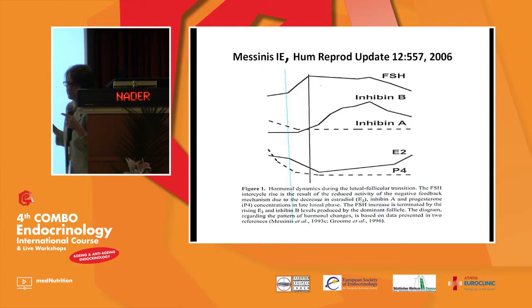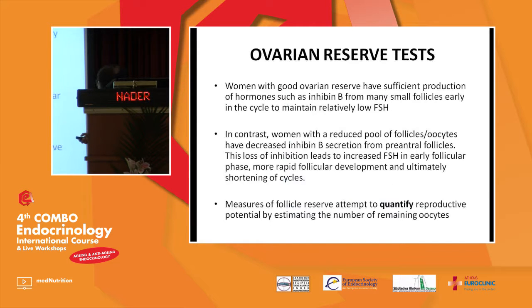And that is the basis of one of the tests that we do for ovarian reserve. So, stated differently, women with good ovarian reserve have a sufficient production of hormones such as inhibin B from many small follicles early in the cycle to keep a lid on that FSH.